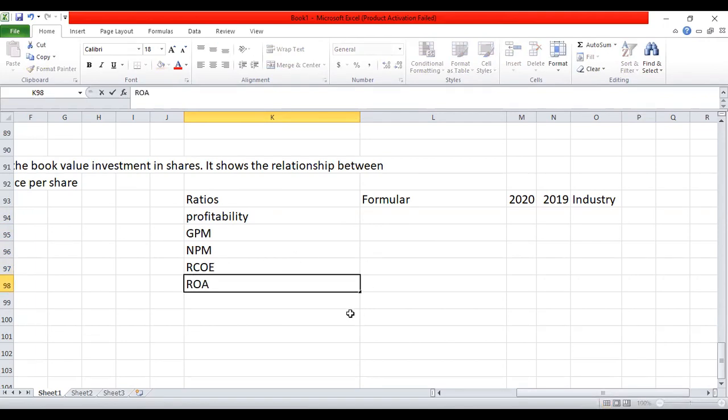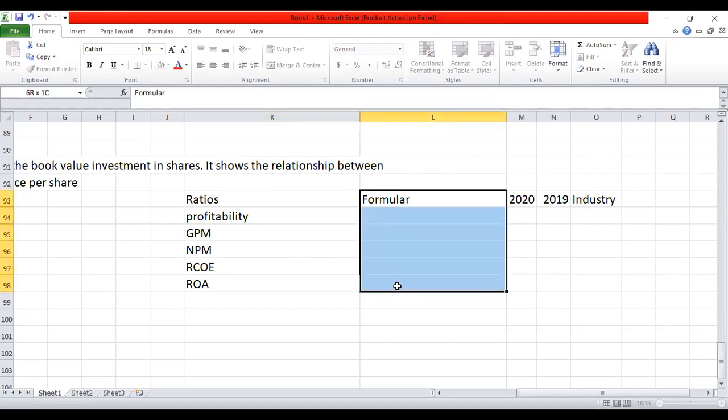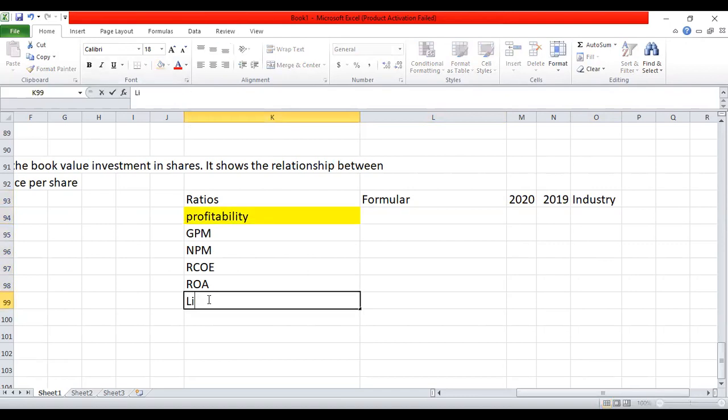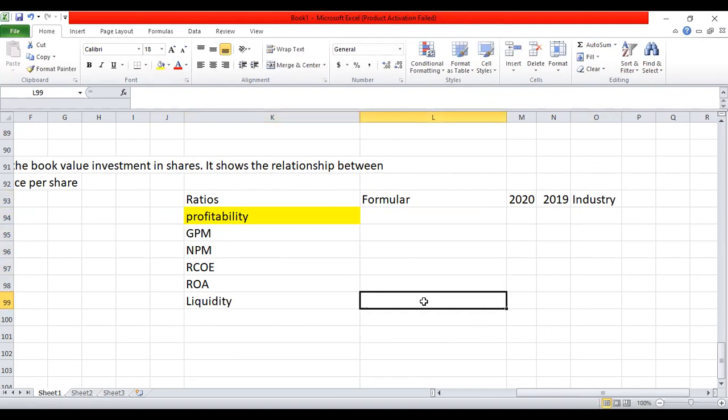These are the ratios I'm going to compute. Then I show the formula for that particular ratio. Then here I show my calculation, and maybe if there is an industry ratio, I show the industry ratio. Then after profitability, I'm going to go to another ratio. Maybe I'm going to also look at the liquidity. What do I need to see in liquidity?